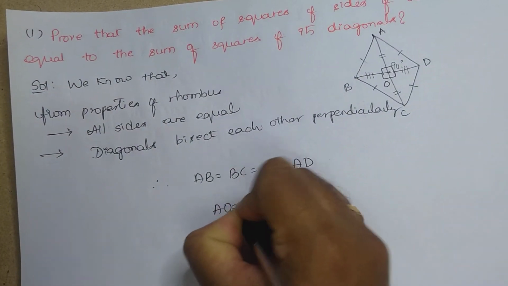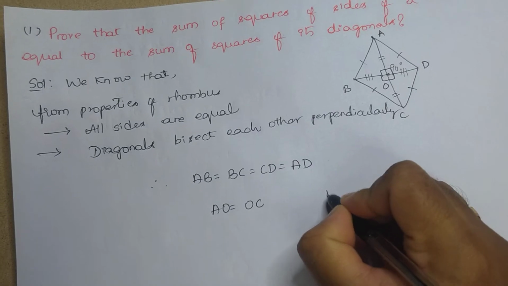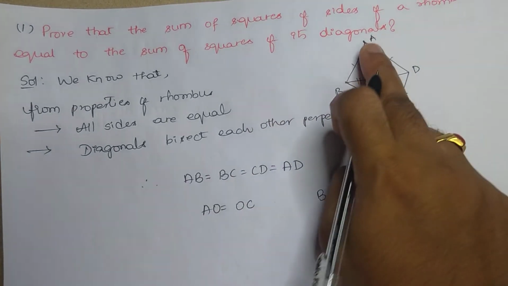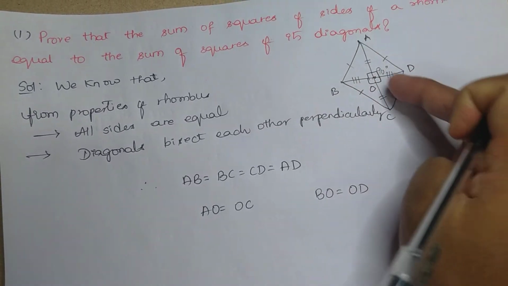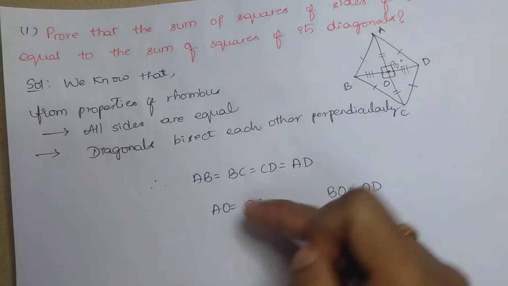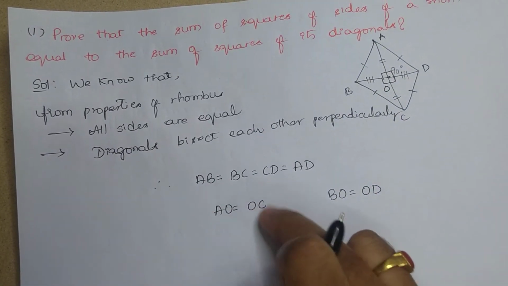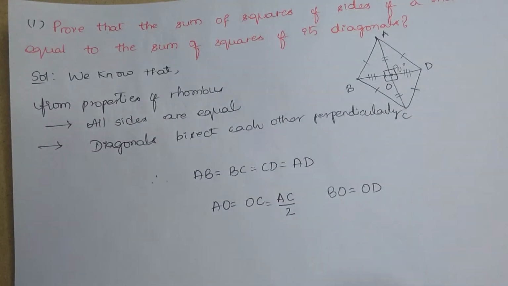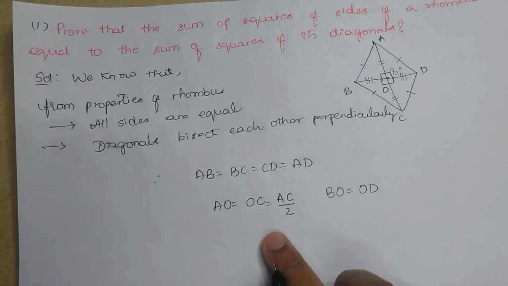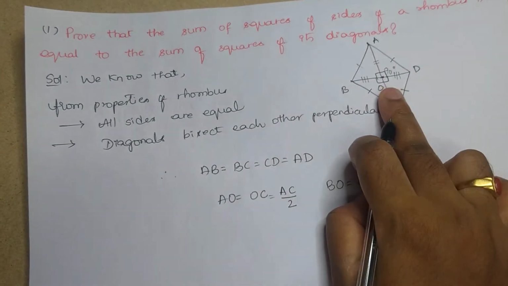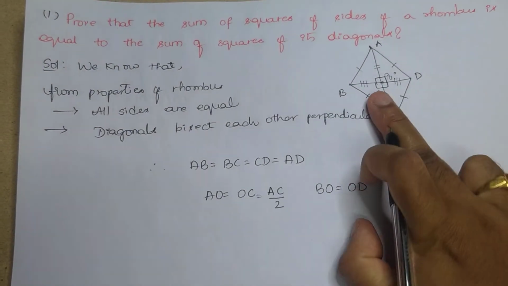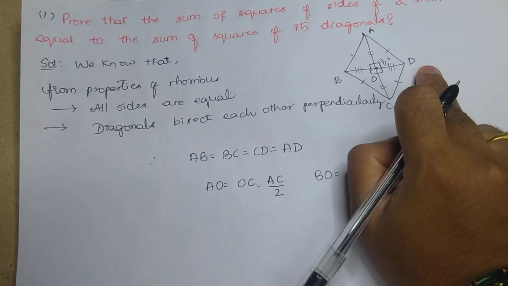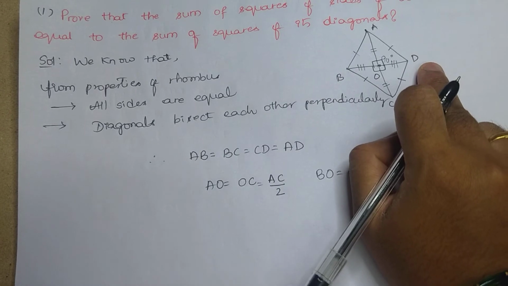So when AO and OC are equal, either AO or OC can be written as AC by 2, since O will be the midpoint because AC and BD are bisecting each other.